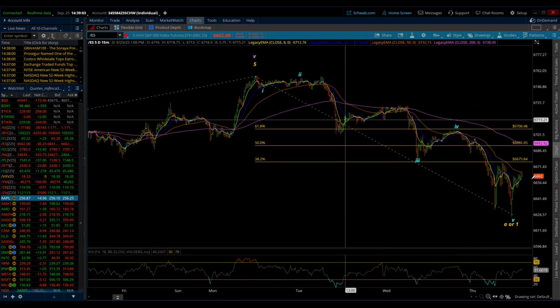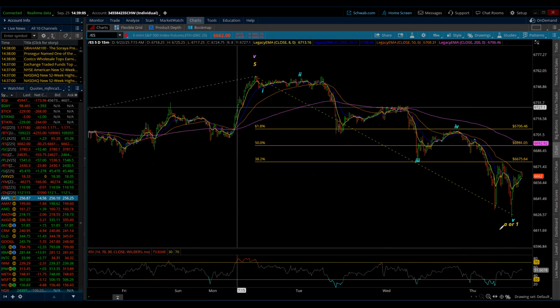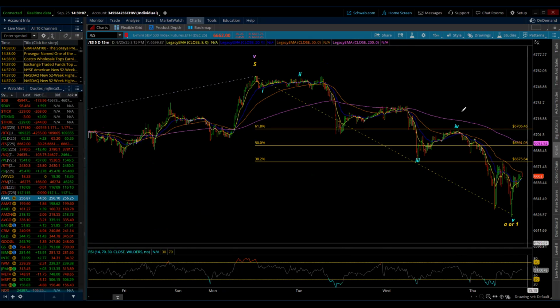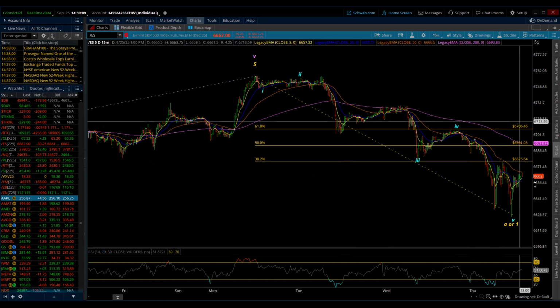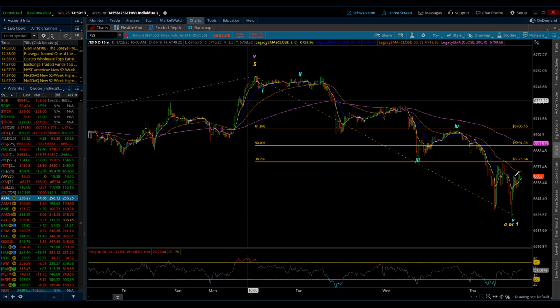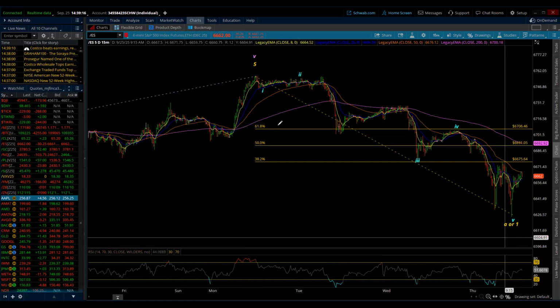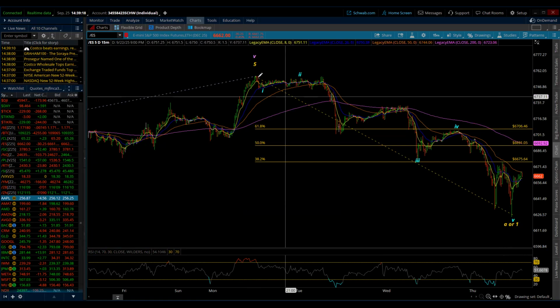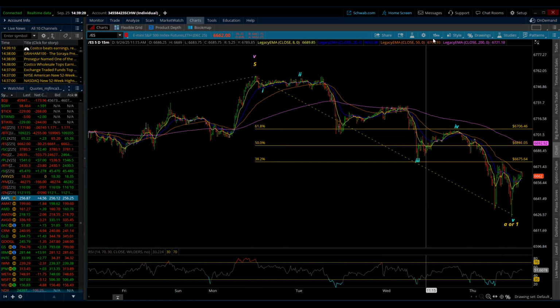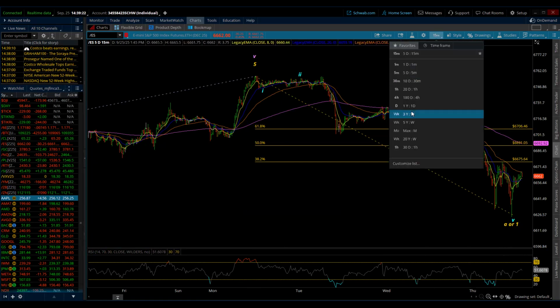Then we will finish this first ABC down by putting in another 5 waves down. So again, once we do get the B wave, then I can run A up to B to get us the C wave. If we only get up to here, it's going to be pretty large. The C wave should be pretty large, going back out to that hourly.